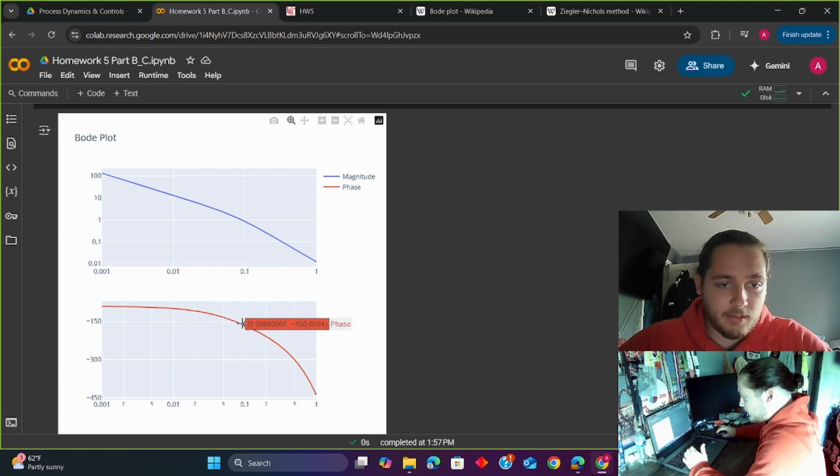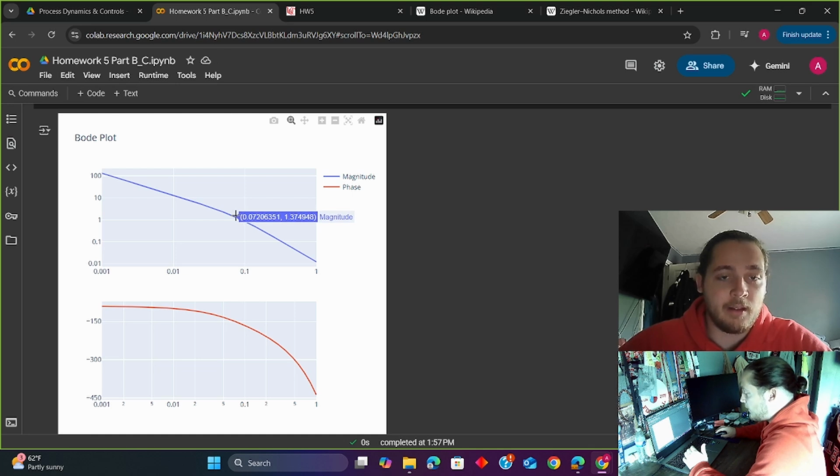So if we drag this over here to approximately 150, we are around 0.725. So then we come over here to our 0.0725.